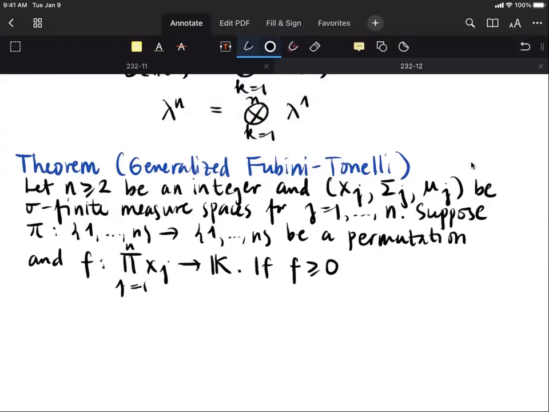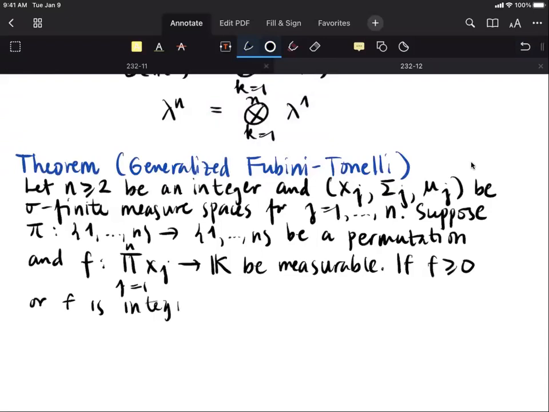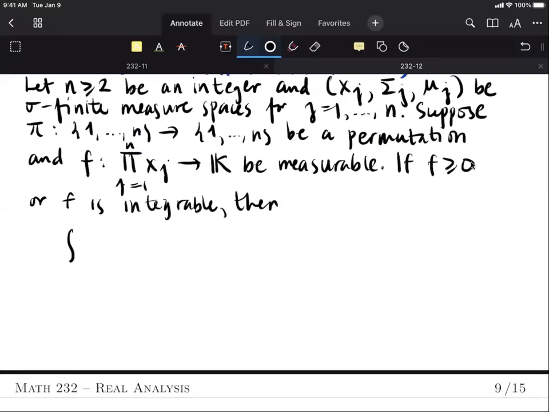If f is either non-negative, must be measurable at first, if f is non-negative or it is integrable, then the integral over the product space of f with respect to the product measure is the same as the following iterated integrals.